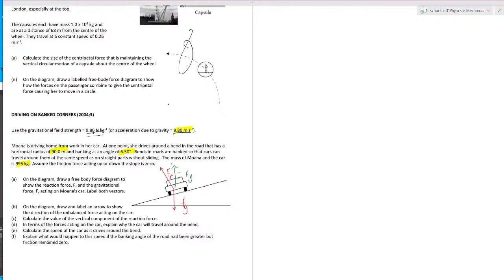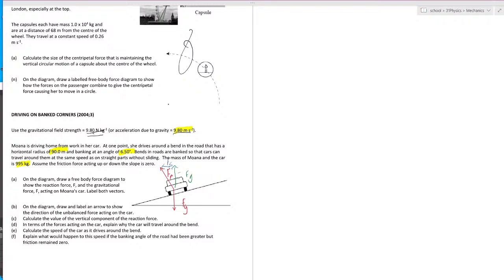Okay, we've got a third force which we haven't been asked for, but this is the unbalanced resultant one. I'm going to do that in another color again, in blue. So this is going to be our centripetal force. This is the unbalanced force.